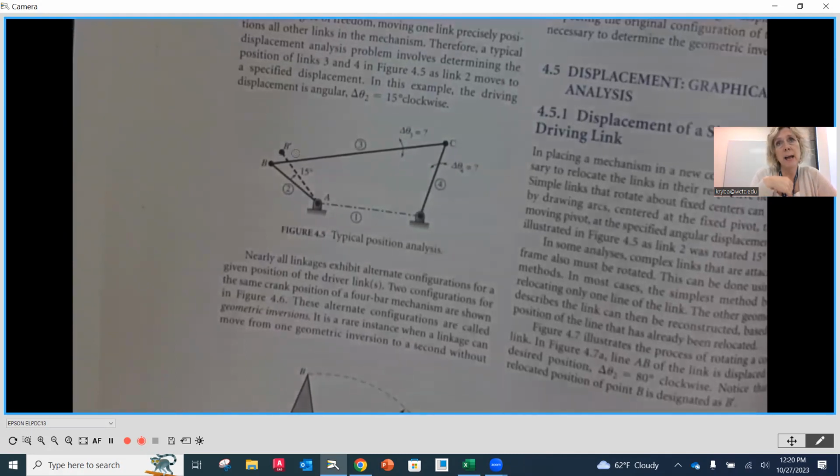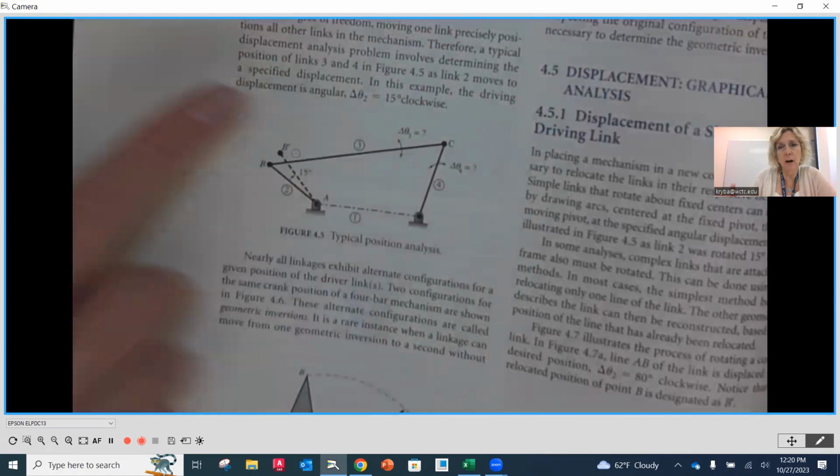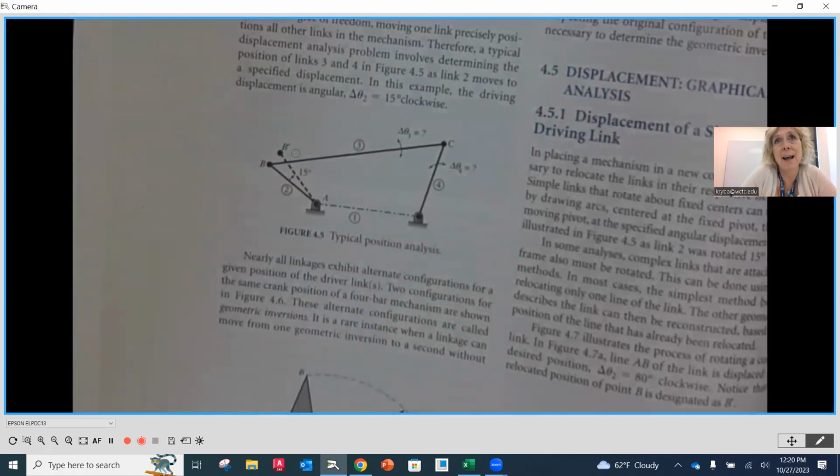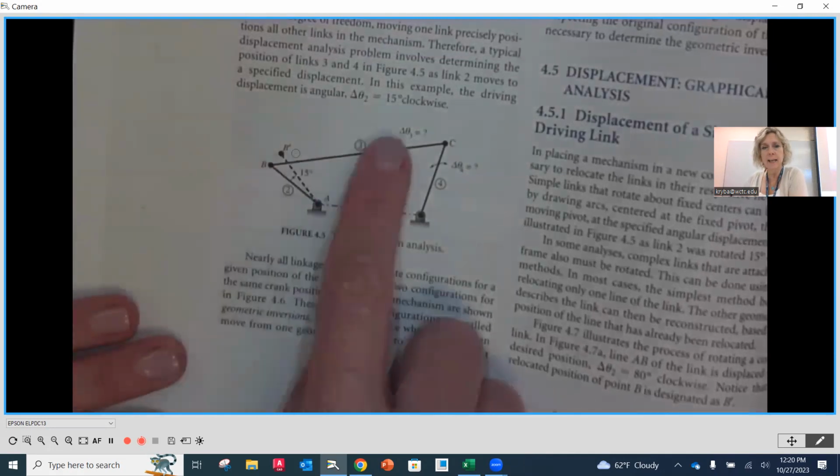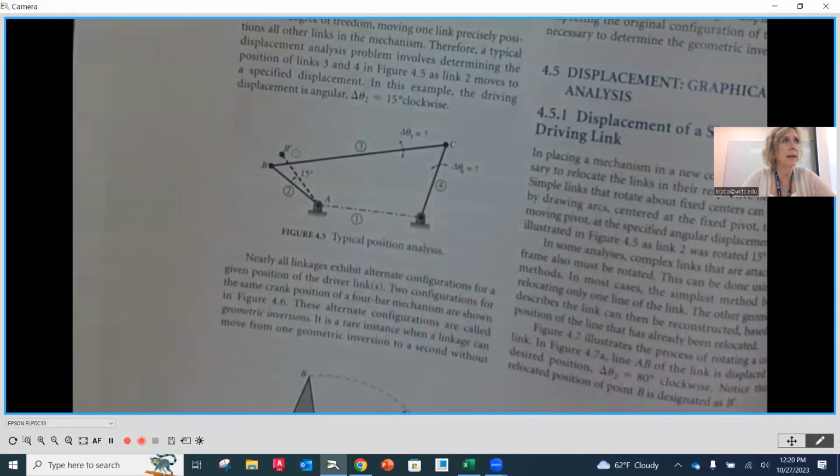So a question we would have, and that's what they have illustrated here: what happens now to link number 3 and link number 4 as the driver moves 15 degrees clockwise? What we would do is follow up by adding in these other links from their original position. We'll call this home base. Where did they go from there?